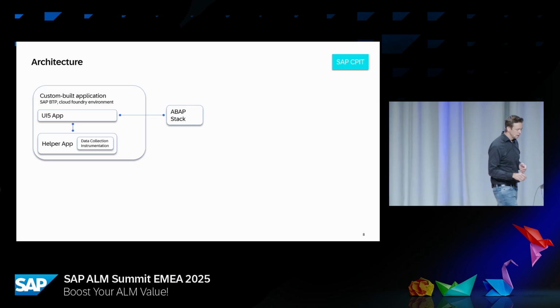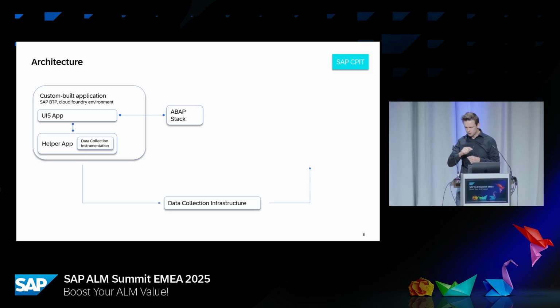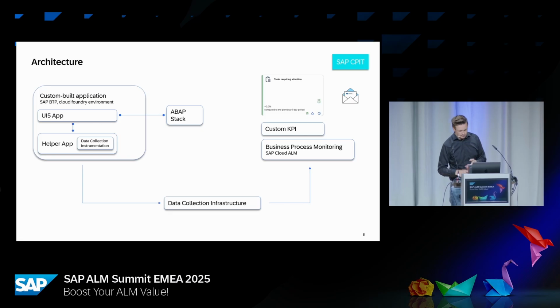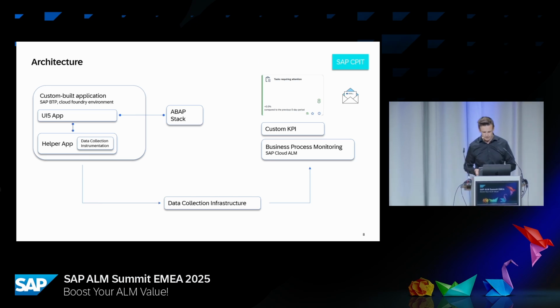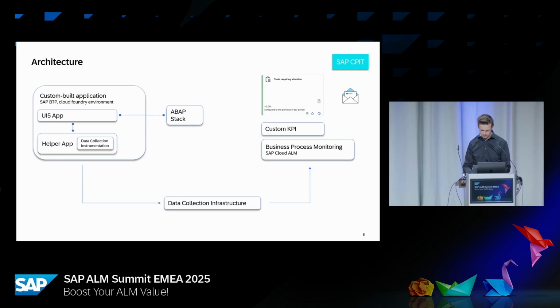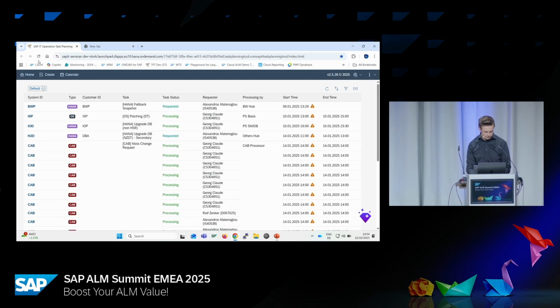Then this collects the data and puts it into the infrastructure that is not specific to us anymore, so this is Cloud ALM infrastructure in this case. And then it comes back into our business process monitoring in our IT Cloud ALM tenant, and will be displayed in a nice tile like that one. And this should be something that I would be able to show live. So let's see how that works.